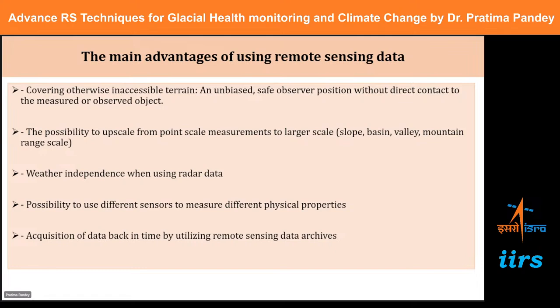You can also study other parameters and properties. And based on models or temporal data, you can always go back and see what was there in the past through the archive data. So remote sensing overall gives you a lot of scope for studying glaciers, glacier related hazards and other parameters.